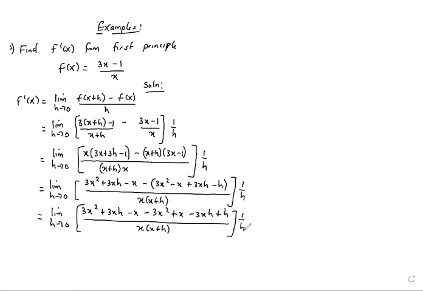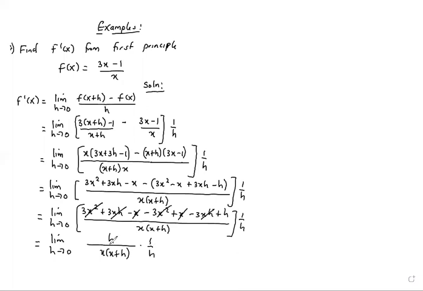1 over h. So this and this one will cancel. This and this one will cancel. And then we'll remain with the limit as h goes to 0 of h, in fact, this and this one will cancel. So we just remain with h over x plus h multiplied by 1 over h.